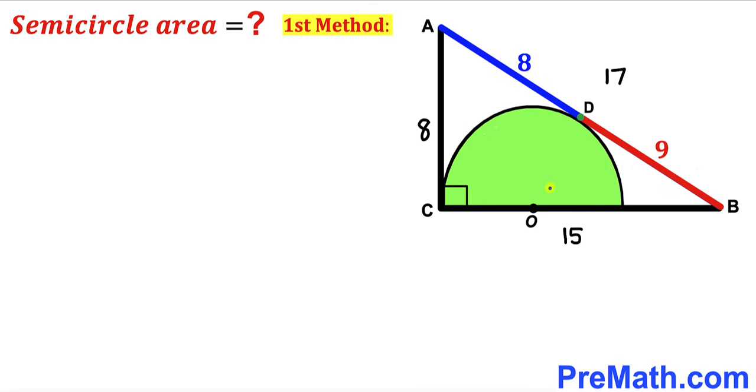And now in this next step, I'm going to connect this center O with this point D, as you can see in this next step. Now we could see that this OD is the radius of this semicircle. So I'm going to label this one as lowercase r. Likewise, this segment OC is the radius lowercase r as well.